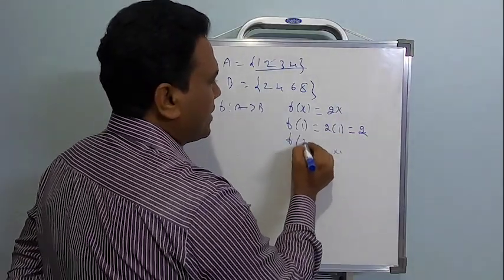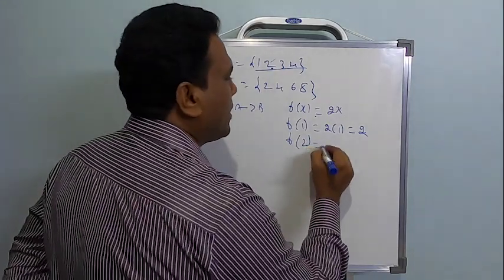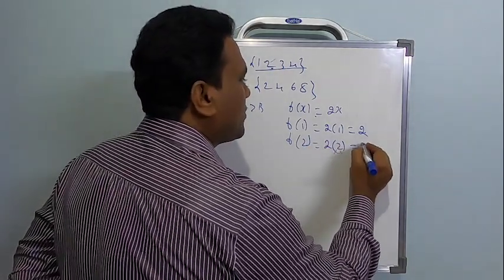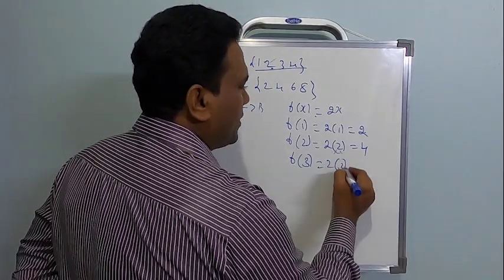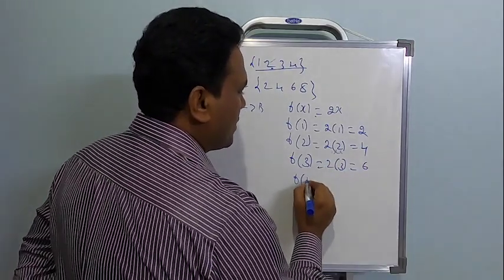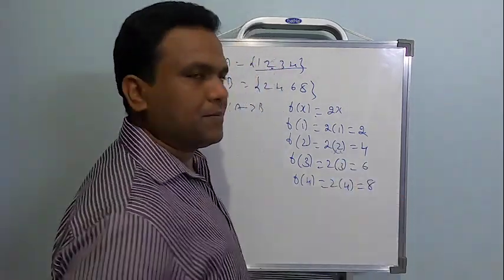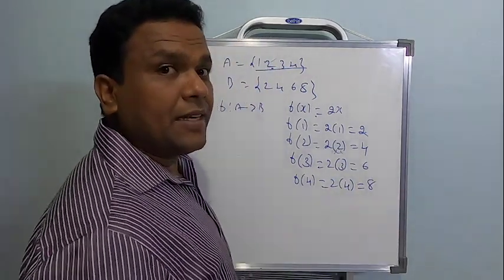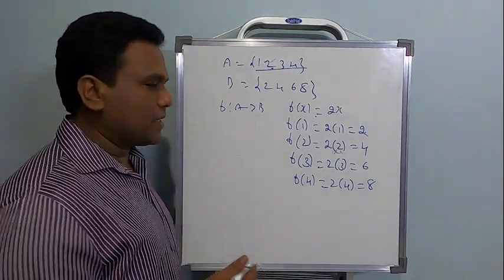Then the next, f of 2. For every element you apply here. Fine. And that will be 2 into 2, which is equal to 4. f of 3, 2 into 3 will be equal to 6. f of 4, 2 into 4 will be equal to 8. Now, if I write this, they said express f and f inverse as a set of ordered pairs, right?